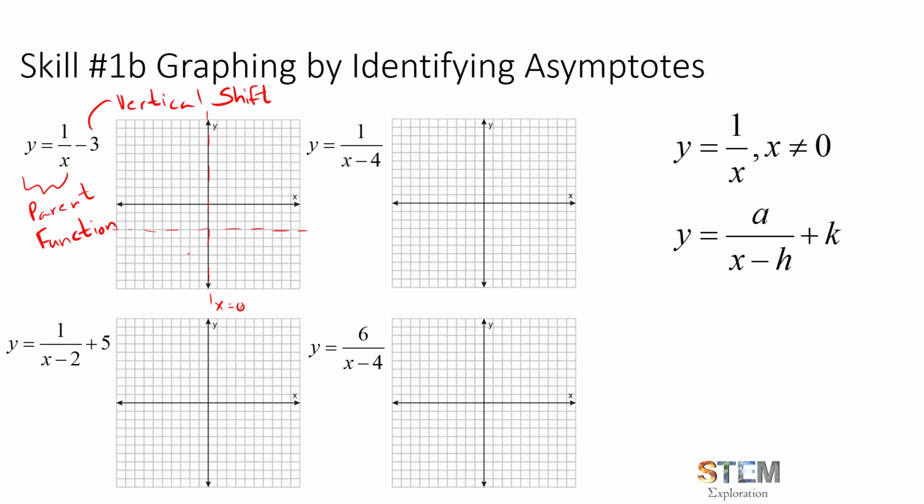And then, like the general behavior, when x equals 1, y equals 1, and when x equals negative 1, y equals negative 1, well, that same type of behavior will exist. It'll just be down there.